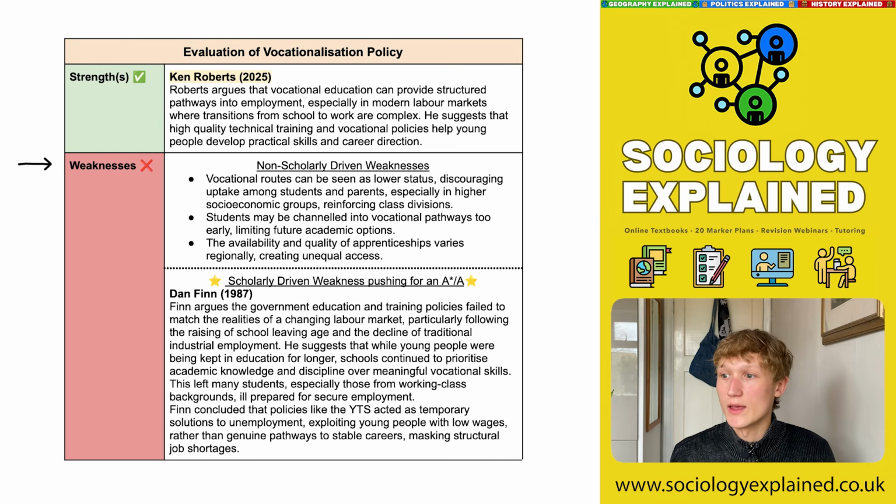However, you could also say that often vocational routes are seen as sort of lower status, particularly amongst middle-class students who are less likely to choose vocational routes. So this could arguably reinforce kind of class dynamics where working-class people go into vocational careers, whereas middle-class people take the more academic route. And the availability of vocational apprenticeships is very regionally unequal.